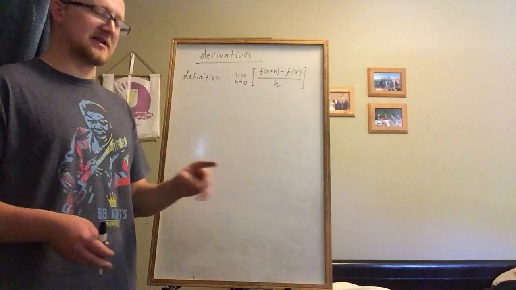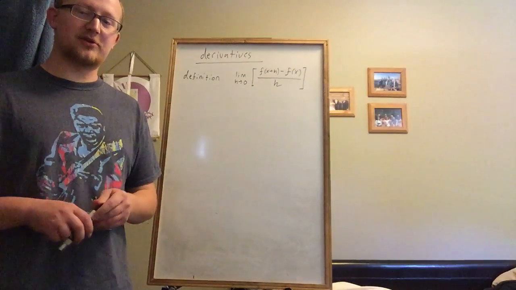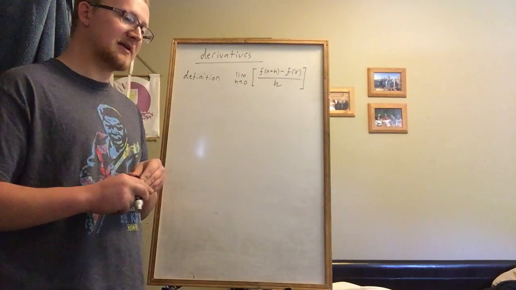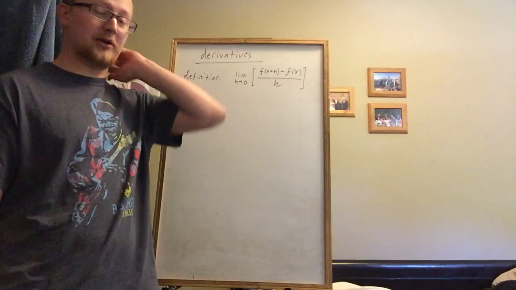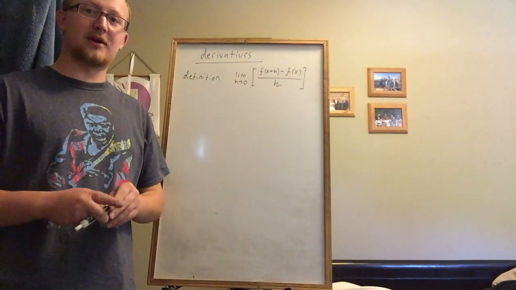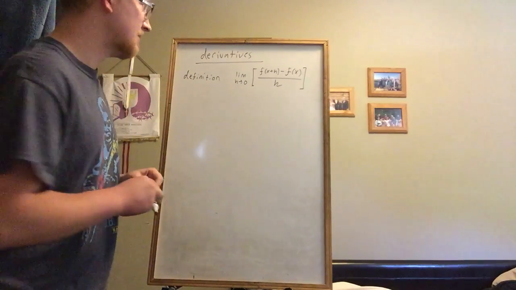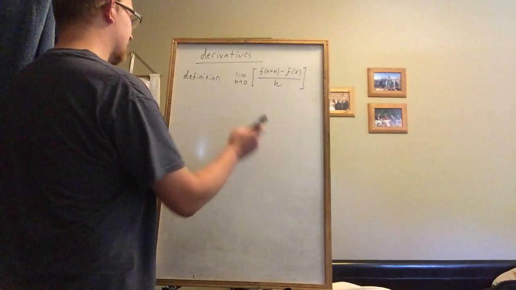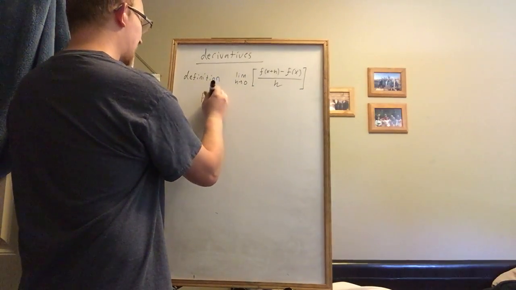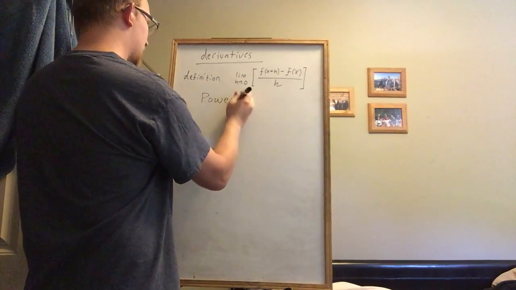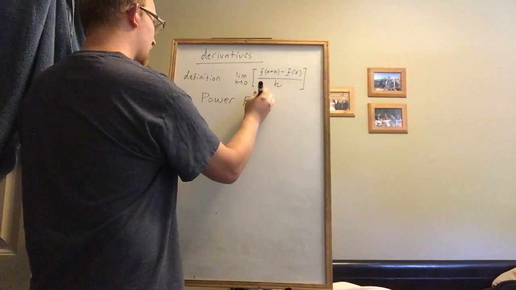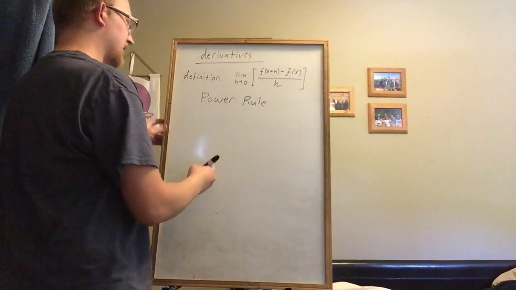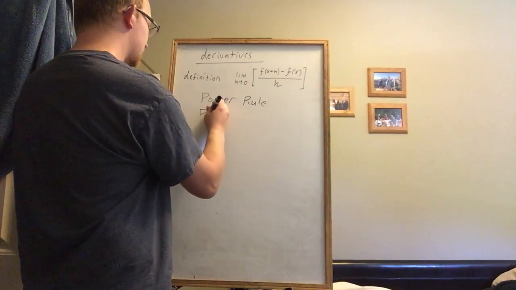But luckily for us, because sometimes these limits can be tricky, a lot of people worked on finding algorithms for calculating derivatives. And there are several algorithms. There is the power rule. Then there is the product rule.